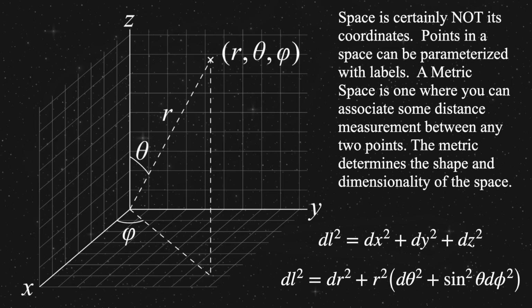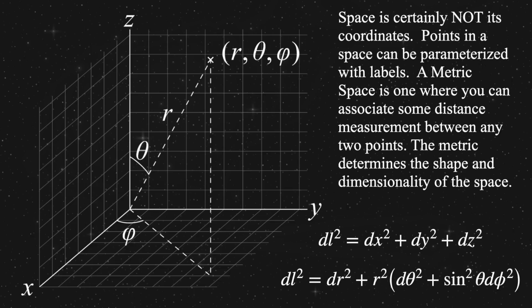The metric transforms points in a space, each labeled with coordinates, into a distance between the endpoints of the curve. Again, the curve between 2 points can be called a path, and this path curve in a metric space has a parameter that, as we go from point to point, will translate the continuous smooth set of points on the curve into a distance.